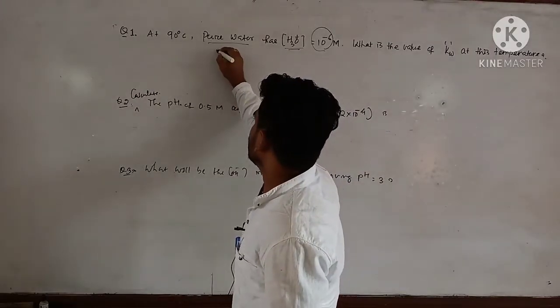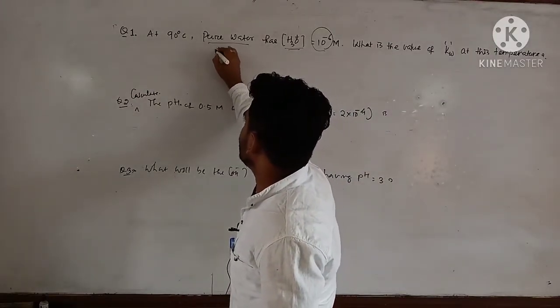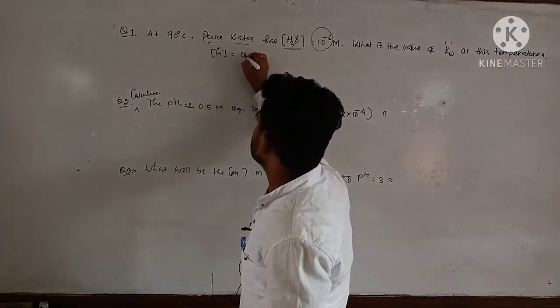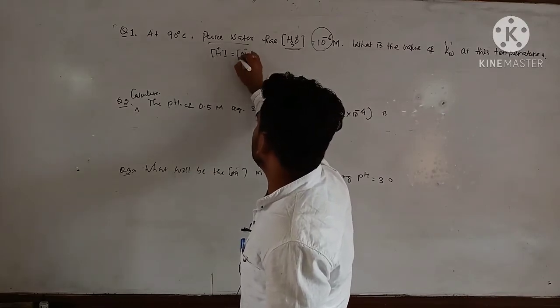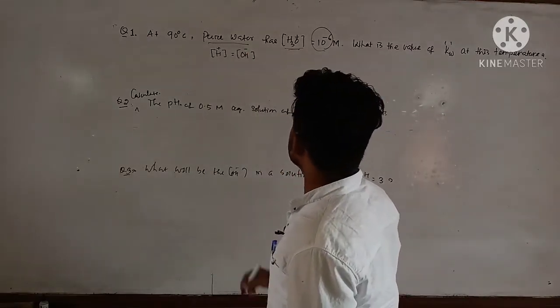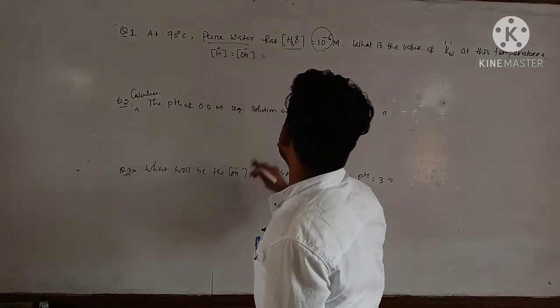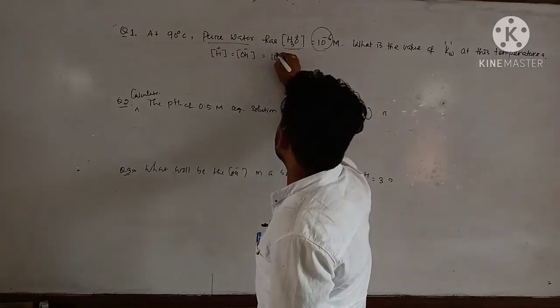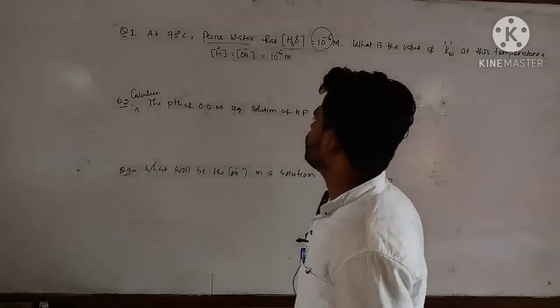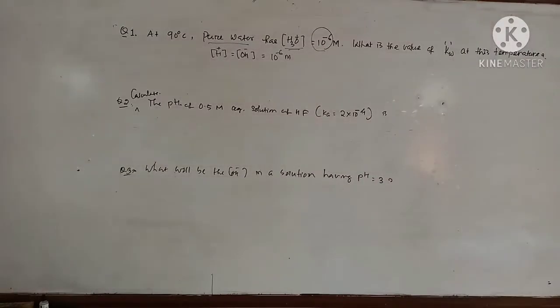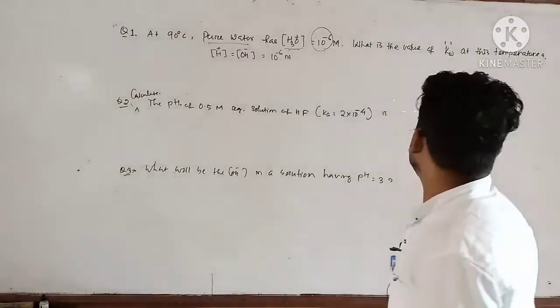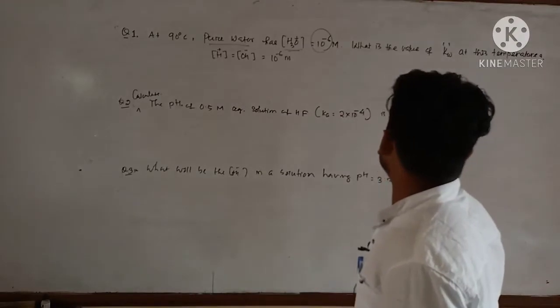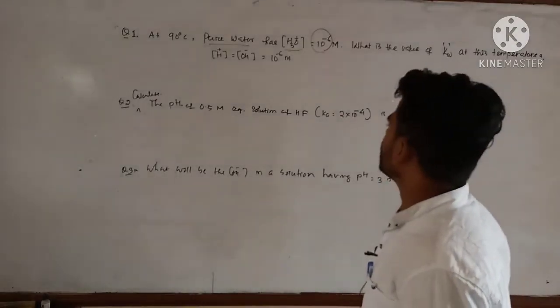For pure water, the concentration of H plus and the concentration of OH minus must be equal to 10 to the power minus 6 molar, because for pure water both concentrations remain the same.